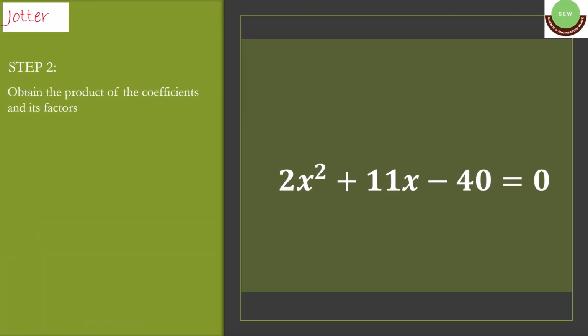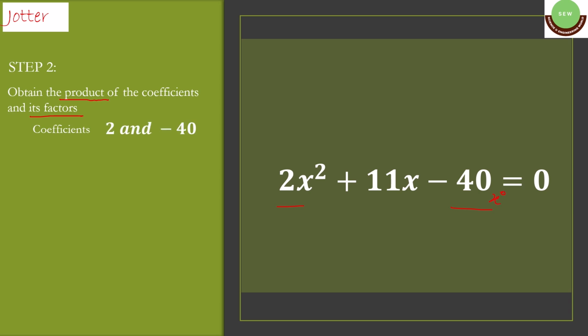In step 2, we have 2 operations to perform. The first one says we should obtain the product of the coefficients, and the second one is to find its factors. We have seen the coefficients, which are 2 for x squared and minus 40 for x to power 0.